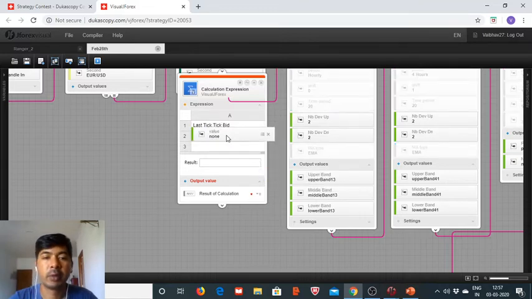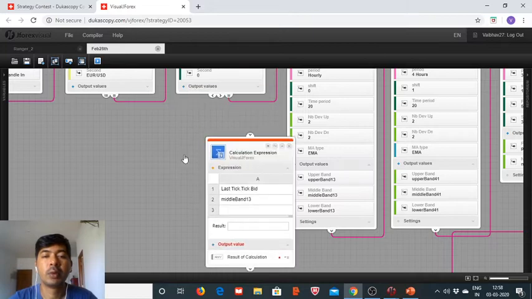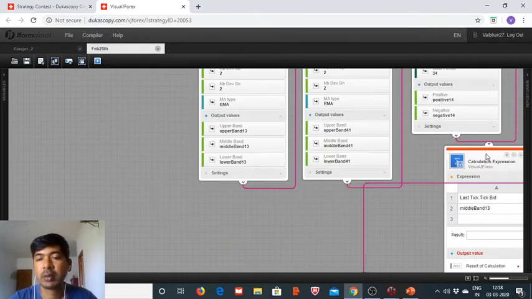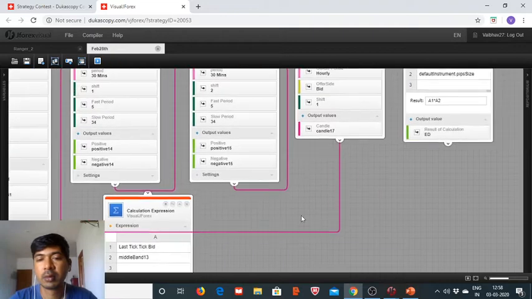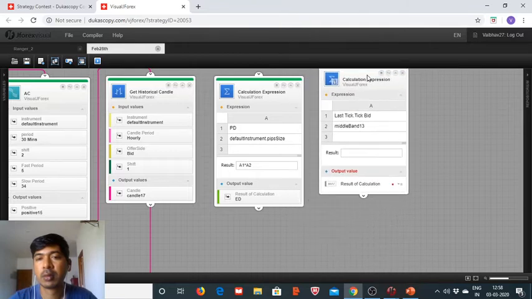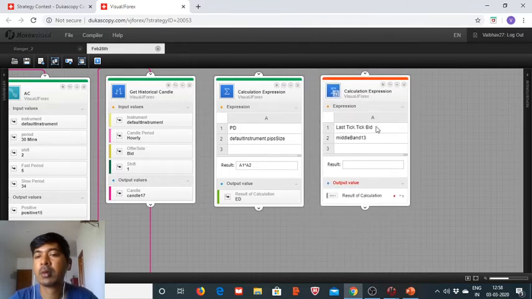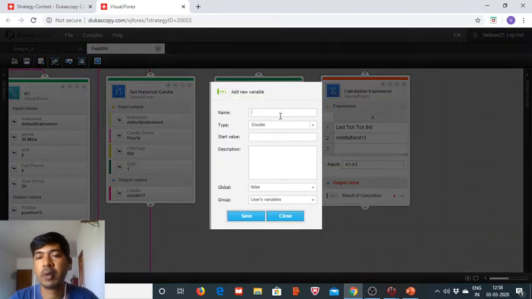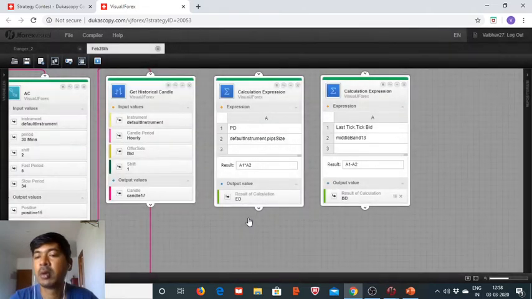Middle band is going to be put in on A2, and we will do the subtraction, A1 minus A2, the last tick bid minus the middle band, and whatever the difference, we will name it as buy difference. I think yes, buy difference should be good enough as a name.